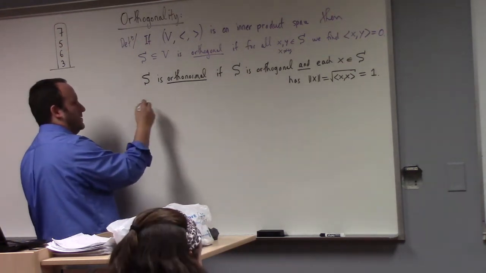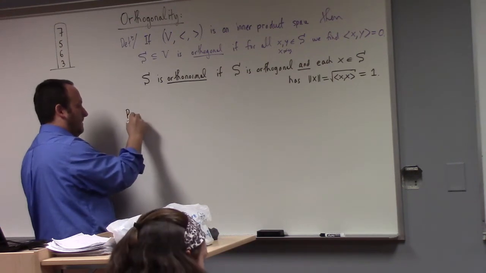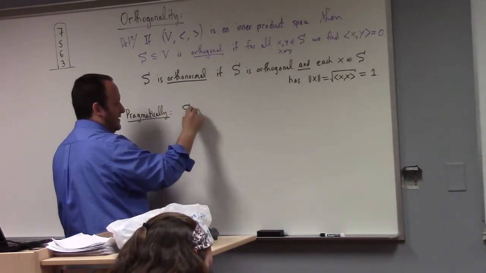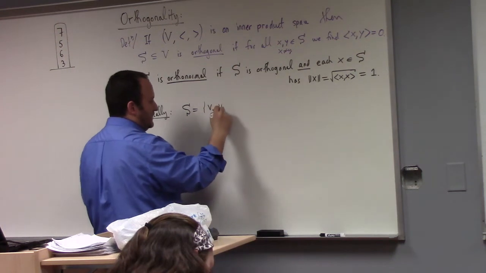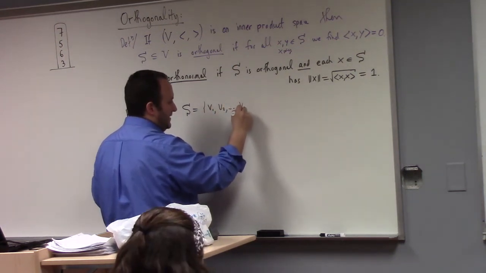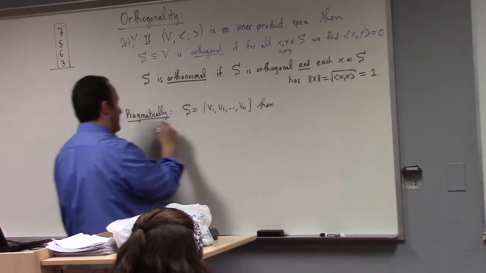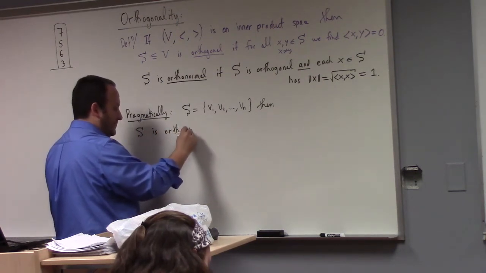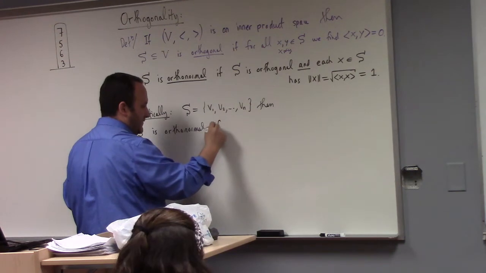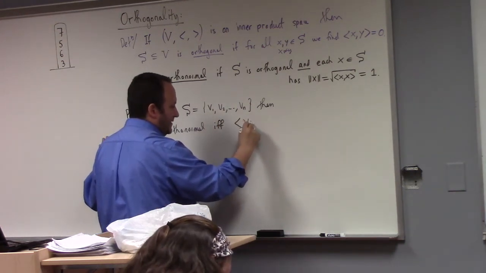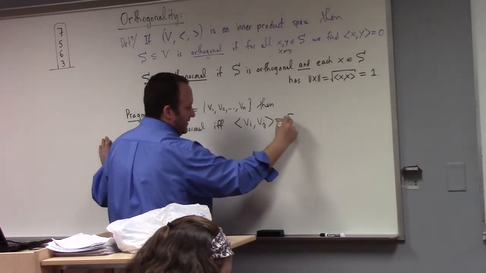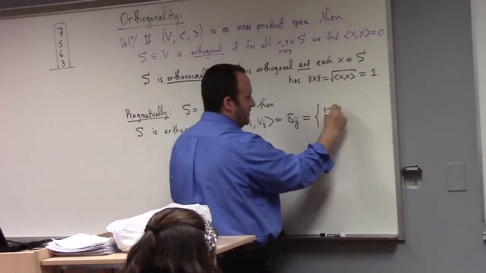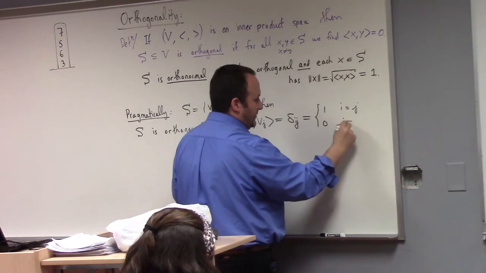So pragmatically, like a nice formula, if we have S equal to, let's say, v1, v2, through vn, then S is orthonormal if and only if the inner product of vi with vj is equal to the Kronecker delta ij, which I'll remind you is 1 for i equal to j, and 0 for i not equal to j.